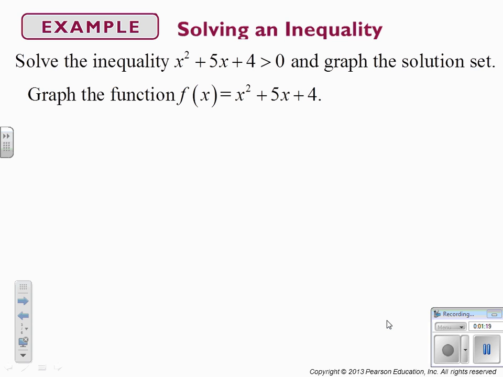So the first thing we do is graph our function, and this is a quadratic. It has a positive a value in our ax squared plus bx plus c.